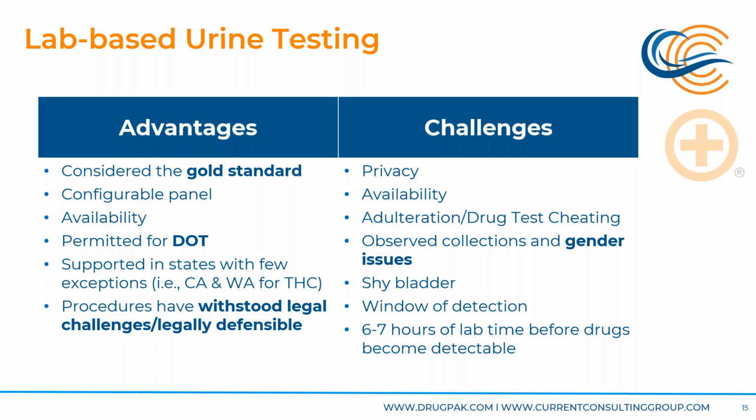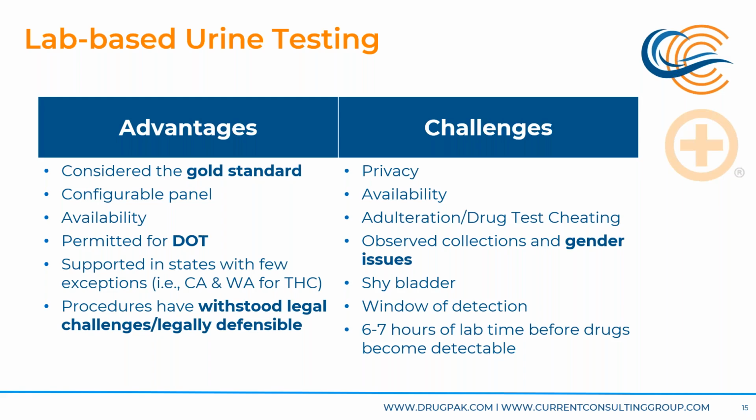But in California and Washington, because urine only detects the metabolite of cannabis, you can't use it to test for marijuana in California at all, right? With the exception of the construction industry, which has some language in their law that exempts it from those restrictions. And in Washington for pre-employment testing, except for that long list of exceptions, right?